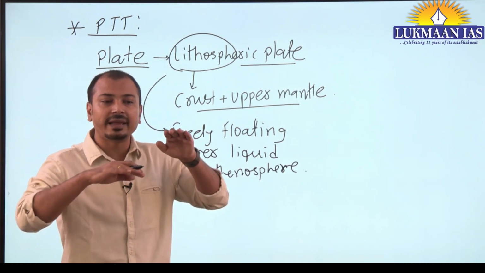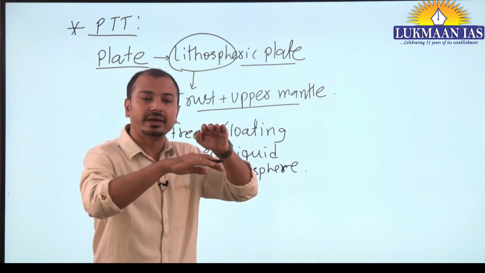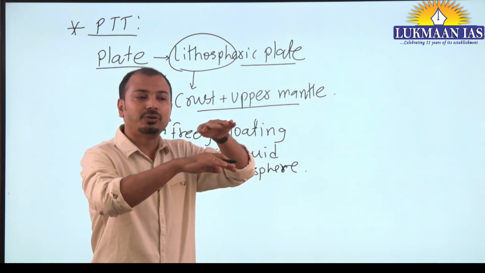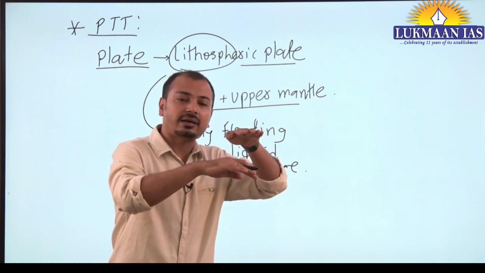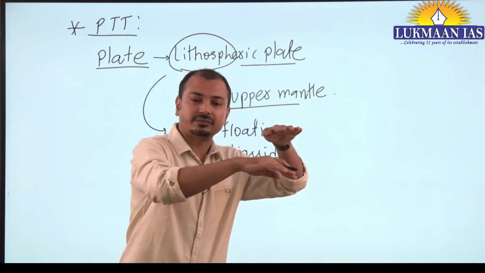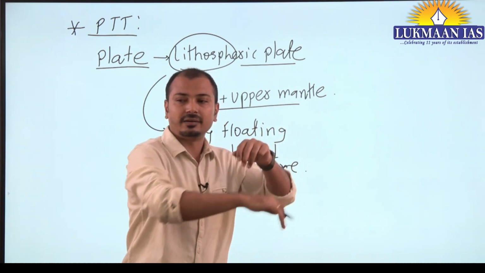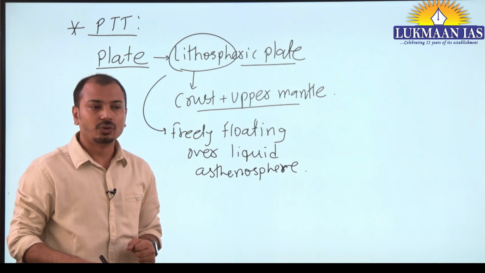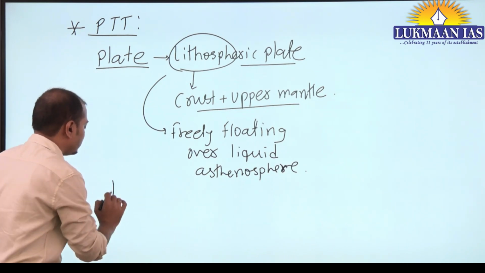Suppose the underlying convection current is moving in this direction. What will happen to this plate? It will also drift in this direction because of the underlying current.